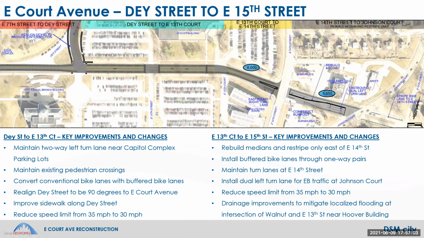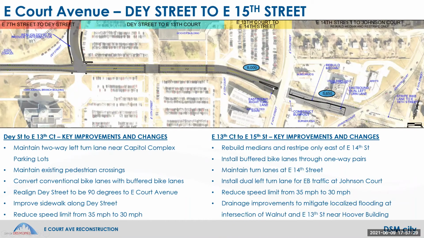This does impact a couple parking spaces in this parking lot, but it provides a more traditional intersection, which will be safer, not the really wide intersection here, and it provides an opportunity for some improved sidewalk connectivity. Again, this whole stretch is currently posted at 35 miles per hour, and we're proposing to lower the speed limit to 30 miles an hour.